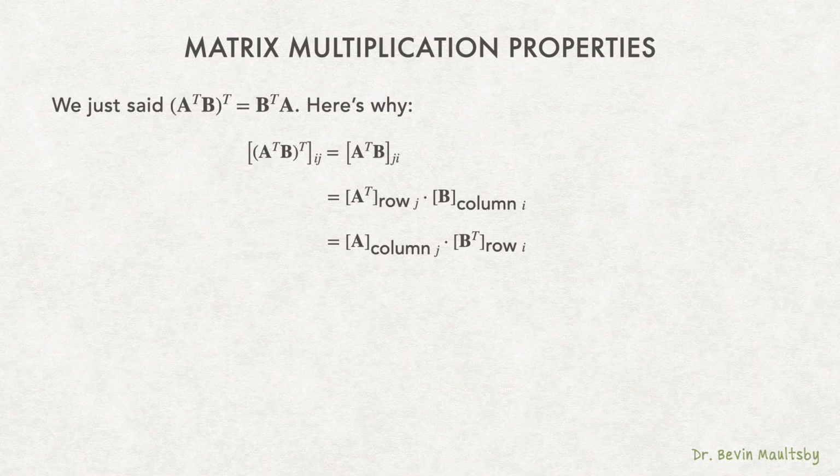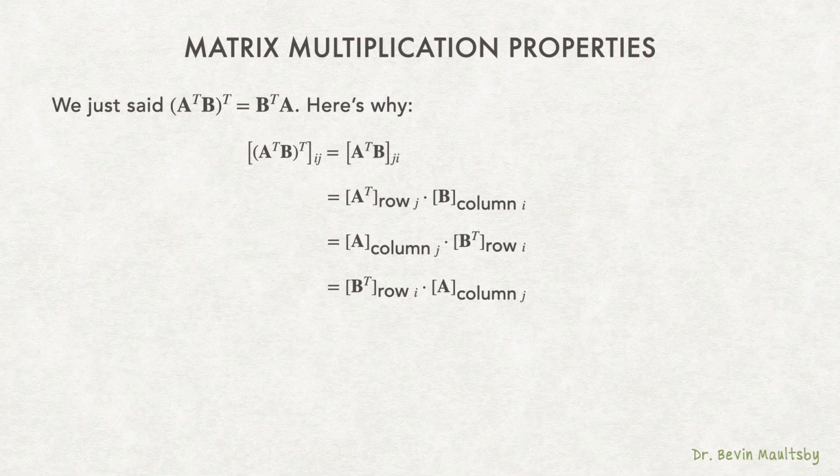And in these expressions, I'm saying where the entries in those column vectors come from. Vector dot products are commutative, so let me just flip the order here so that on the left we have the ith row of B transpose, those coordinates dotted with the jth column of A transpose. Take a look at that and see if you can anticipate what's coming next.